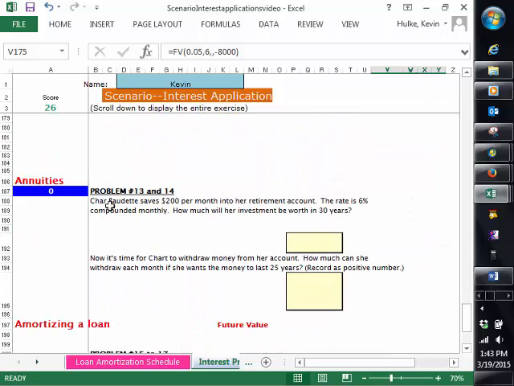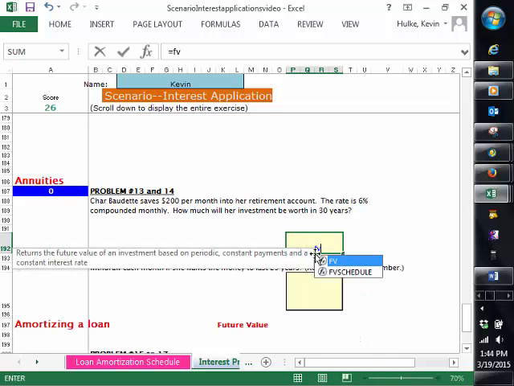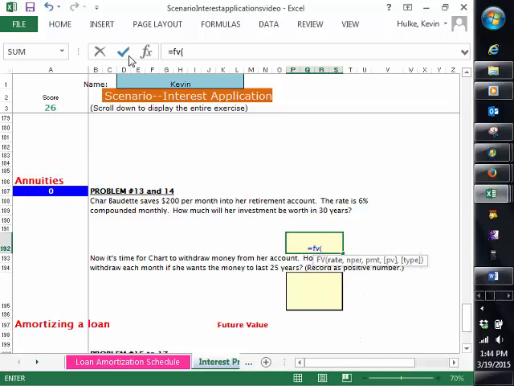Next, we're going to figure out annuities. One of the clues to an annuity is each month, saves per month. So we're going to find the payment, saves $200 per month into her retirement account. How much will her investment, so it's future value, how much will her investment be worth?